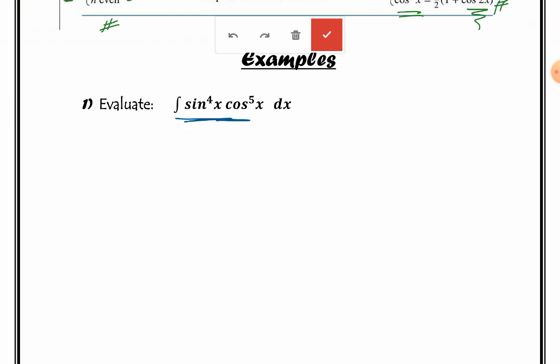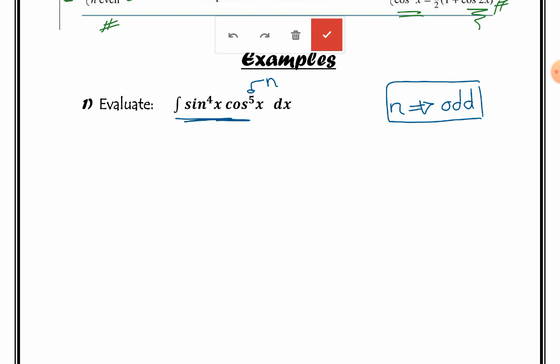We should follow procedure number 1, since n, which is the exponent of cosine, is 5, which is odd. Since n is odd, we will follow the first procedure.